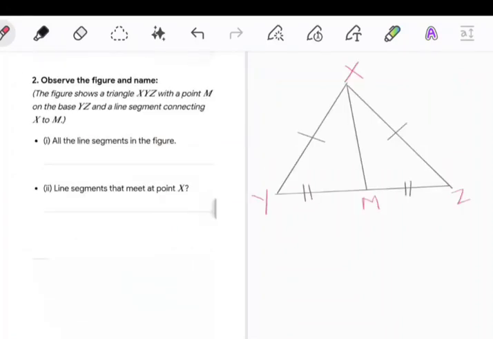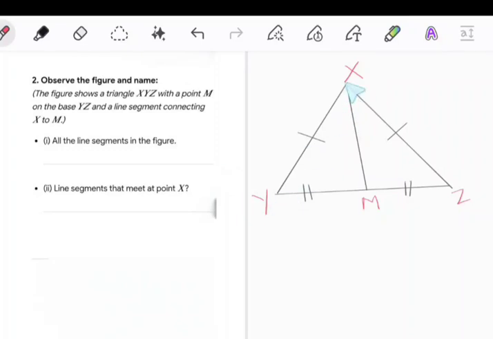Question number 2. Observe the figure and name. The figure shows triangle XYZ with a point M on the base YZ and a line segment connecting X and M. The first question: all the line segments in the figure.